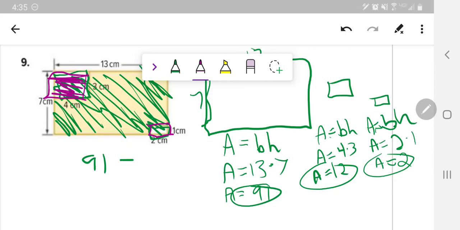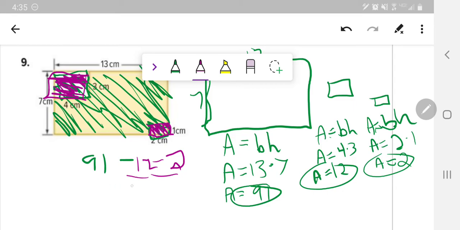I have green, and now I'm drawing with this kind of purplish color, and I want to erase these two purple areas, or subtract those two purple areas. So the purple areas were 12 and 2, and so that's like subtracting a total of 14.